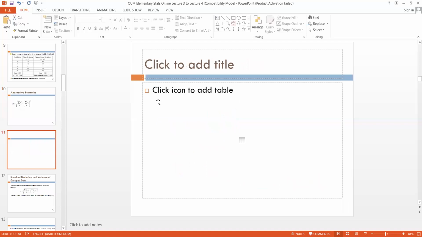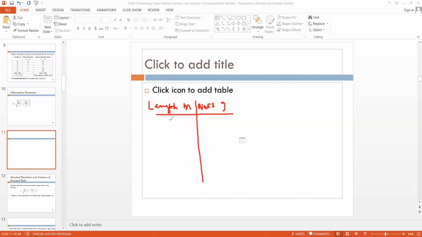The first data set is length in meters, and the other data set is mass in grams.